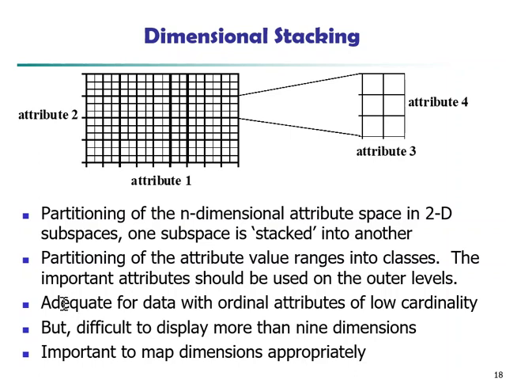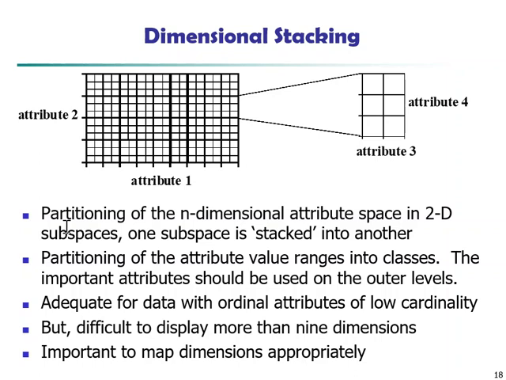But this graph obviously has limitations. It's difficult to display more than 9 dimensions. If you nest those dimensions too deep, it will tax human cognition, right? When you look at a visualization, you actually have to mentally calculate all those attributes and try to understand this. It will become difficult to interpret the result.